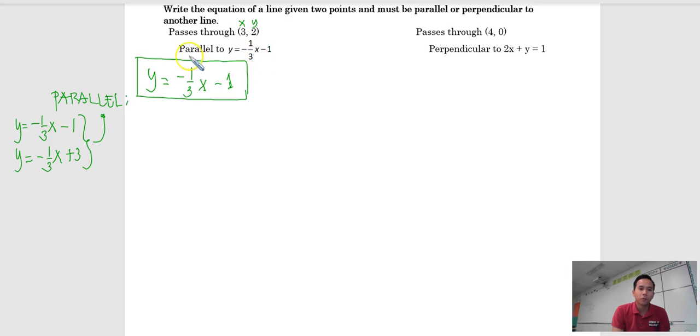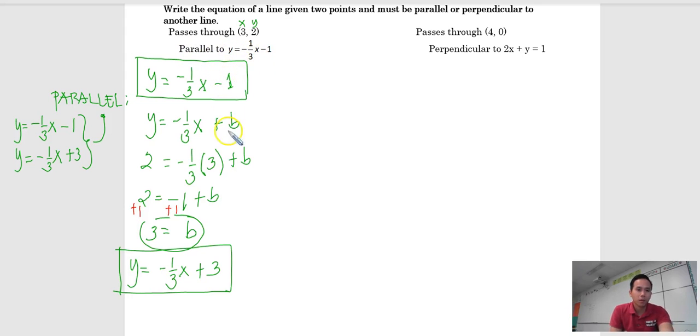It's just the parallel line in the problem, so I'll just bring that back. So these are now your parallel lines. Okay, and let's proceed with the second example. In your perpendicular line, your slope must be the negative reciprocal.